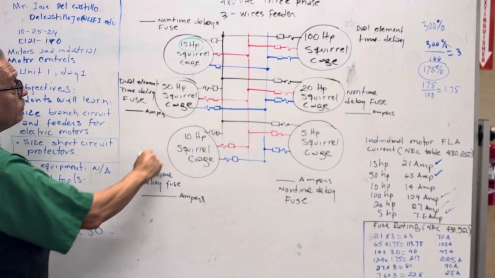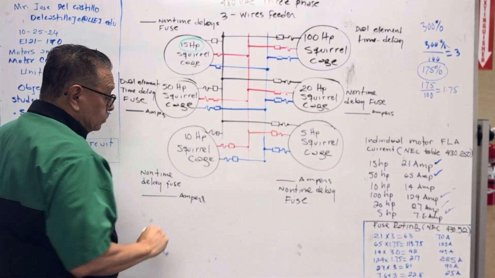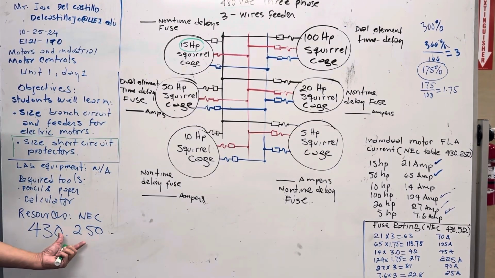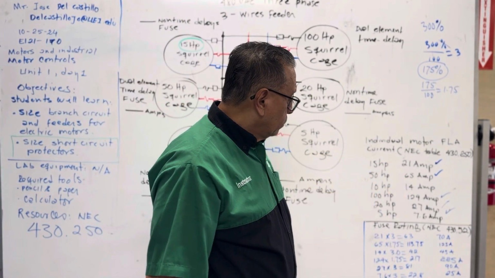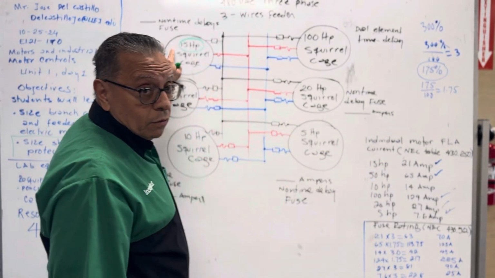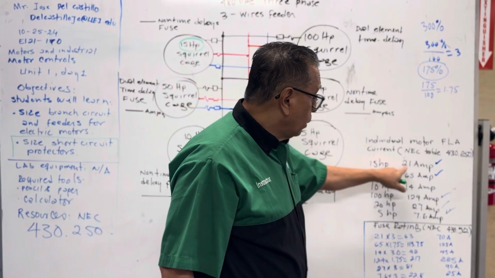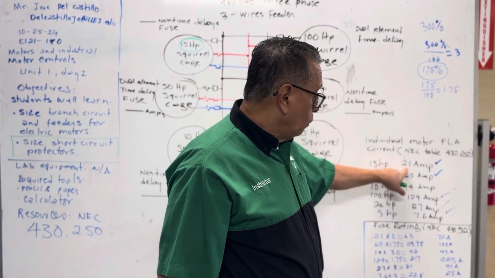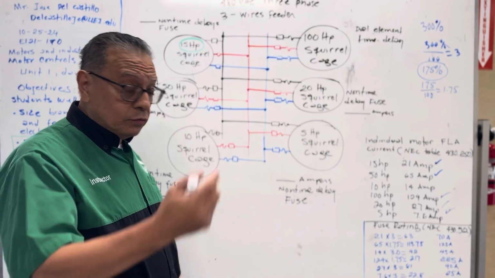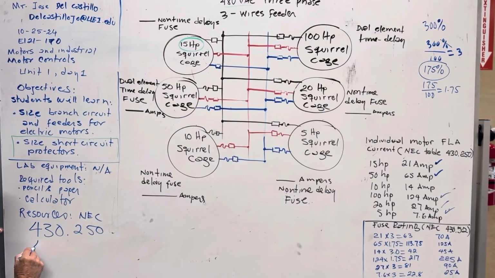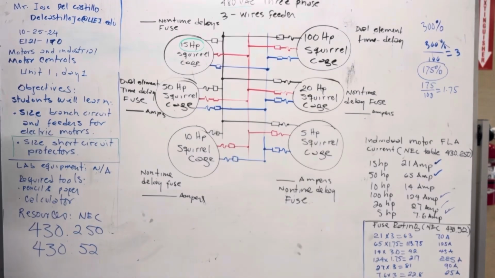Using your table, the volts and the horsepower. So having this resource and these two data, you determine the full load ampacity. For example, on 15 horsepower, the full load ampacity is 21 amps. What is the size of my fuse? I go to table 430.52.